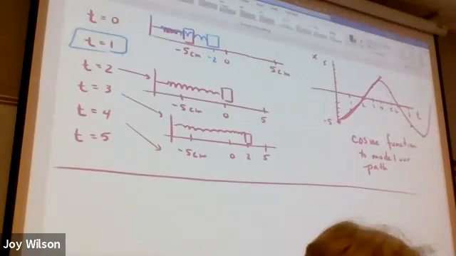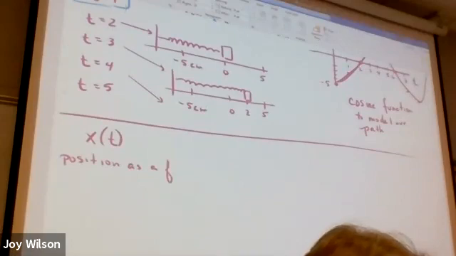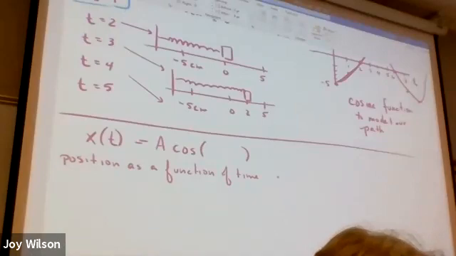And I'm going to scroll up here. So the position versus time. It says position as a function of time is a cosine of two pi over capital T times lowercase t.